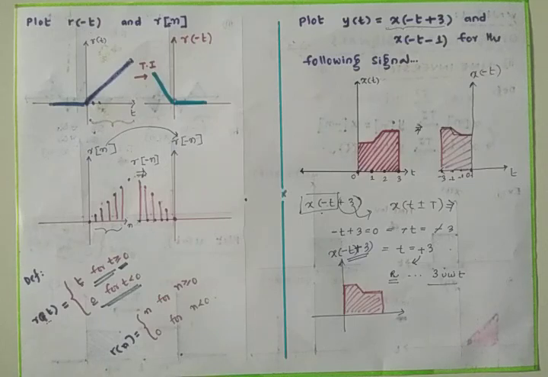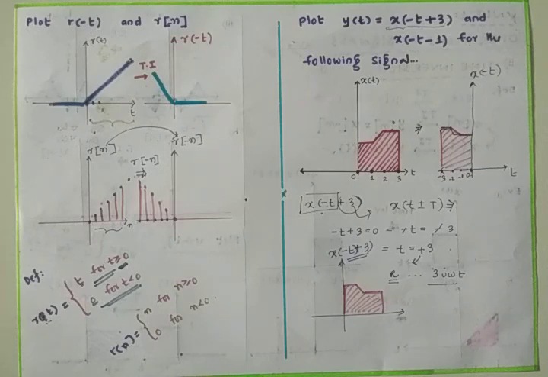First apply the inversion or reversal operation, and after that apply the time shifting operation. Due to the inversion operation the values of t change, and the signal can be shifted to the left side or the right side by applying the shifting operations as well as the reversal operation.